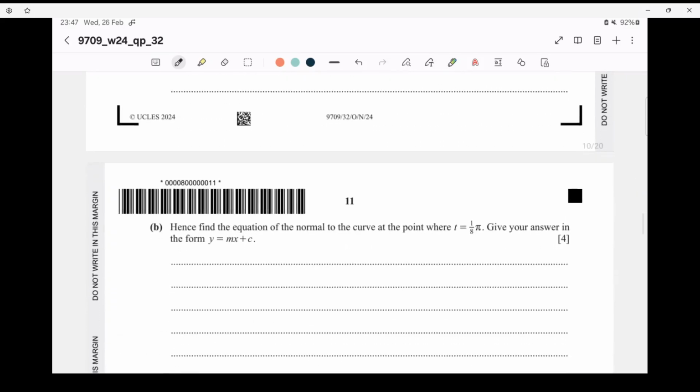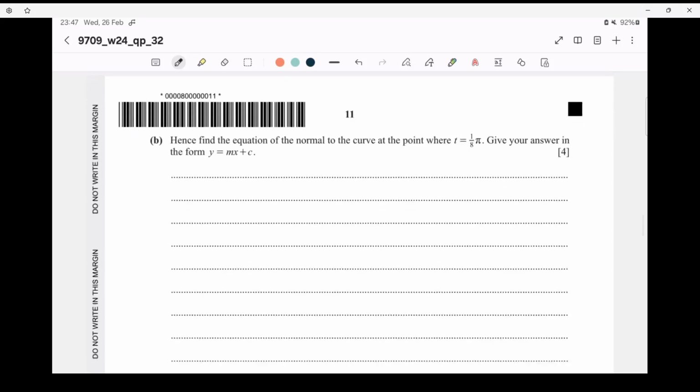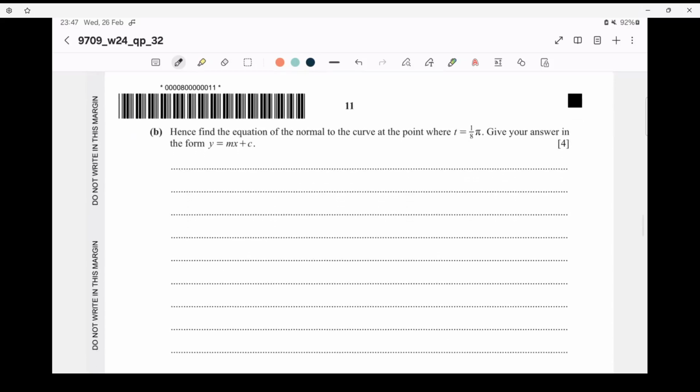Hence, find the equation of a normal to the curve where t equals pi over 8. So give your answer in the form of that. So dy/dx, alright, at t equals pi over 8, your dy/dx will be minus 1 over 2 cos to the power of 3 of 2 times pi over 8.